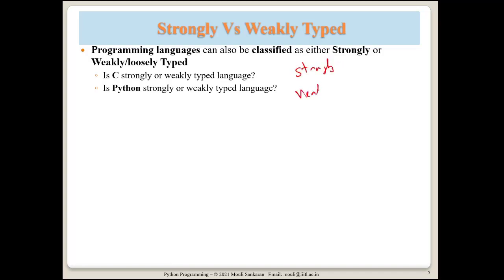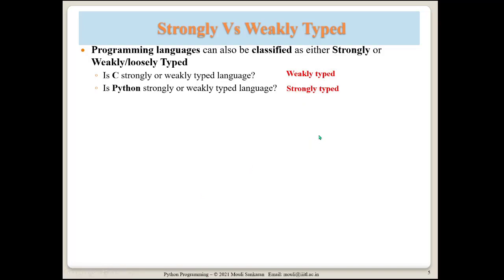This is weakly. Okay, it is not. Okay, weakly. I'm not sure. You're right. So it's the other way around. C is weakly typed and Python is strongly typed.